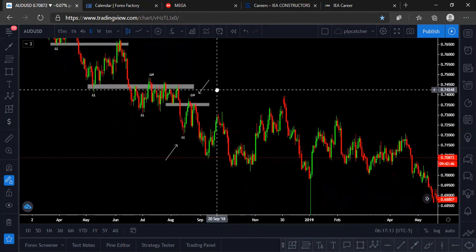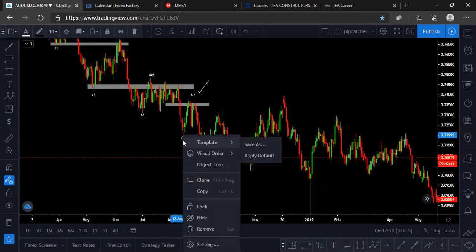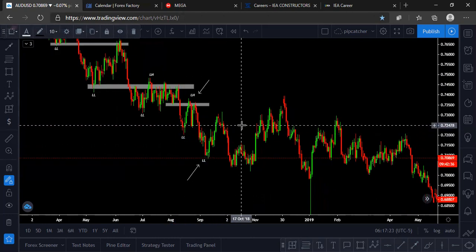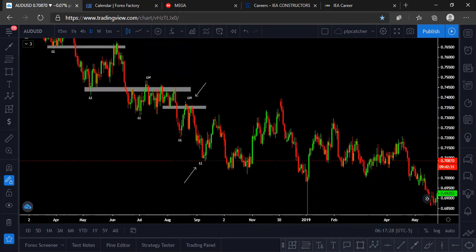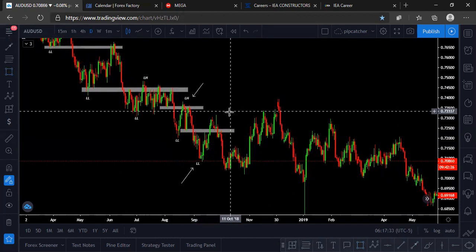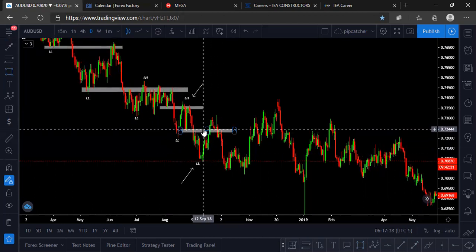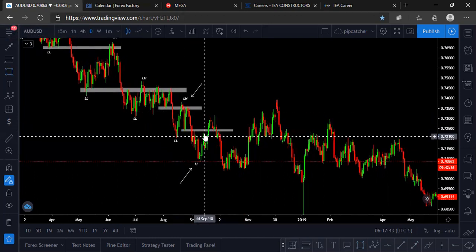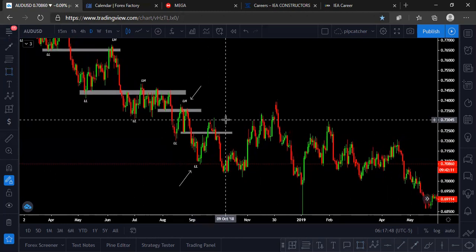So what happens next? We get this low, right? Breaking the previous lower low, okay? Now, this is a perfect example that price does not always just reverse right in your box. Just because you have this zone drawn up doesn't mean that the market is just going to automatically reverse there, right?